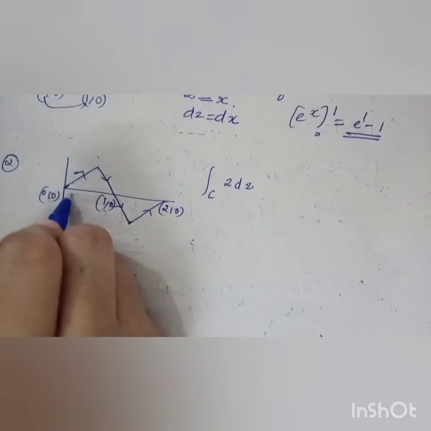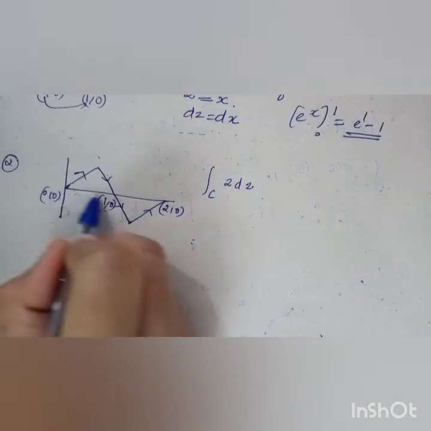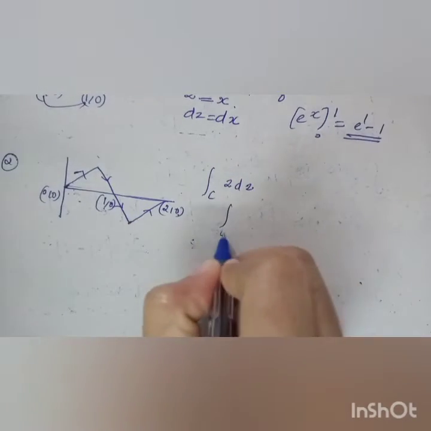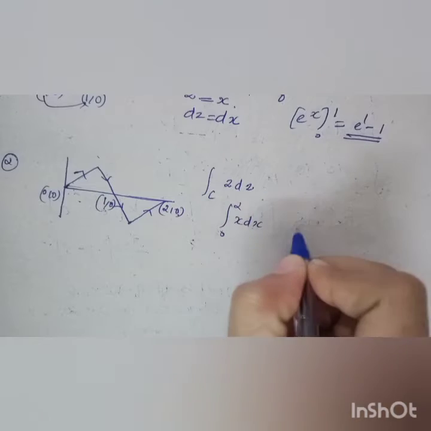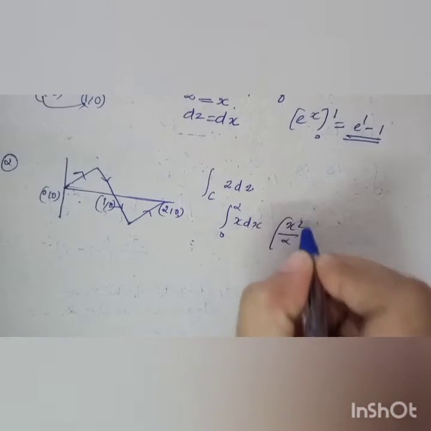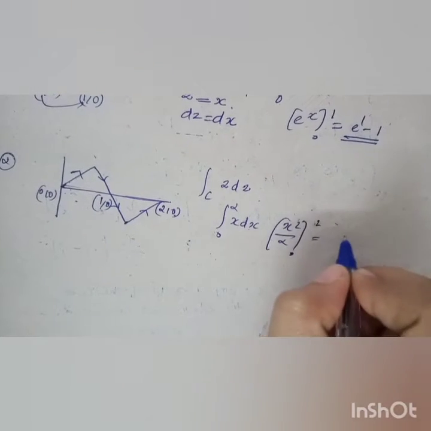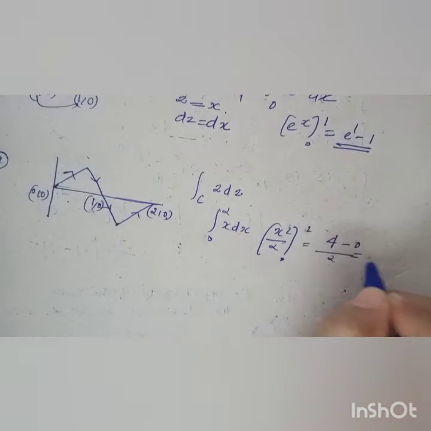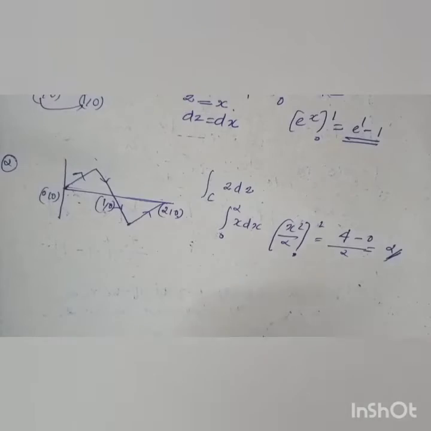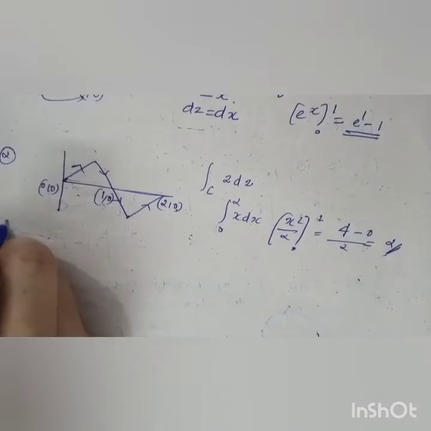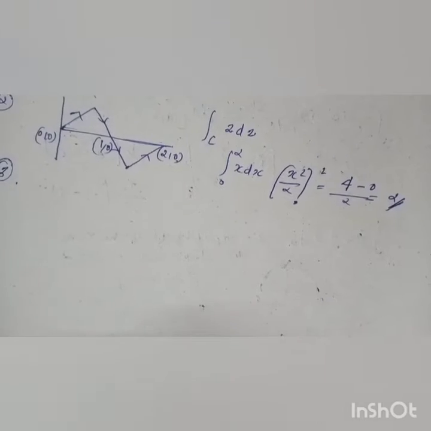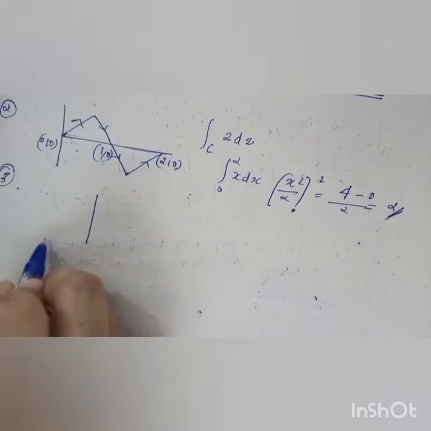So this is independent of the path. So you have to integrate along the x-axis from 0 to 2 only. So 0 to 2 x dx, that is x square by 2, 0 to 2, that is 4 minus 0 by 2, that is 2 is the answer. Okay, very simple question. If it is analytic, you have to use the idea that it is independent of the path.